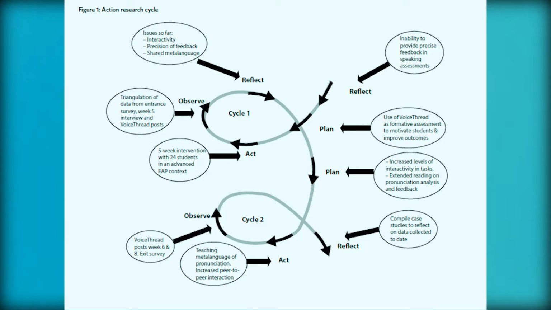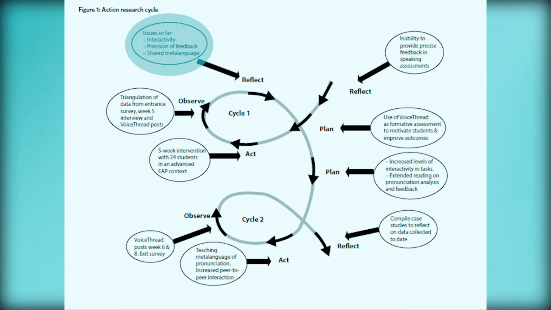After that, we then reflected again and found there were problems with giving feedback, interactivity between the students in the VoiceThread platform, and also, I suppose, shared meta language, in particular, the type of language to explain the different features of pronunciation.